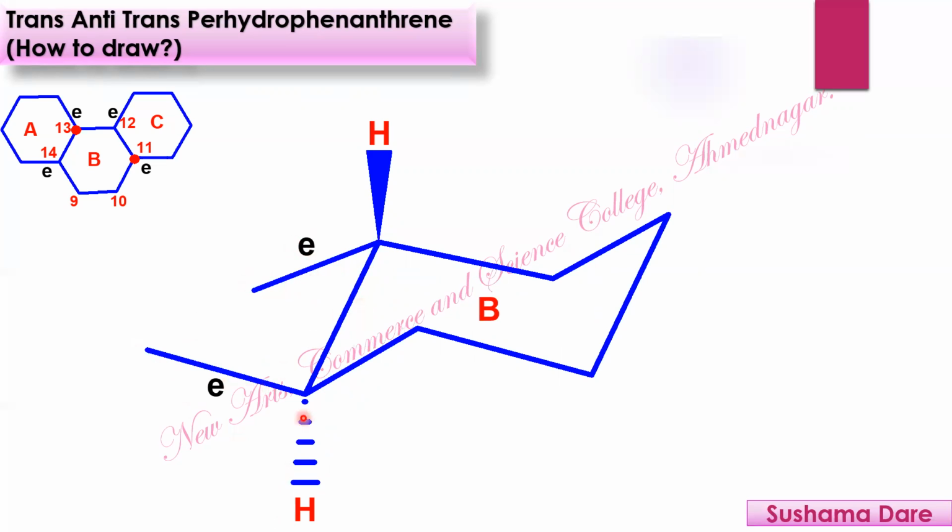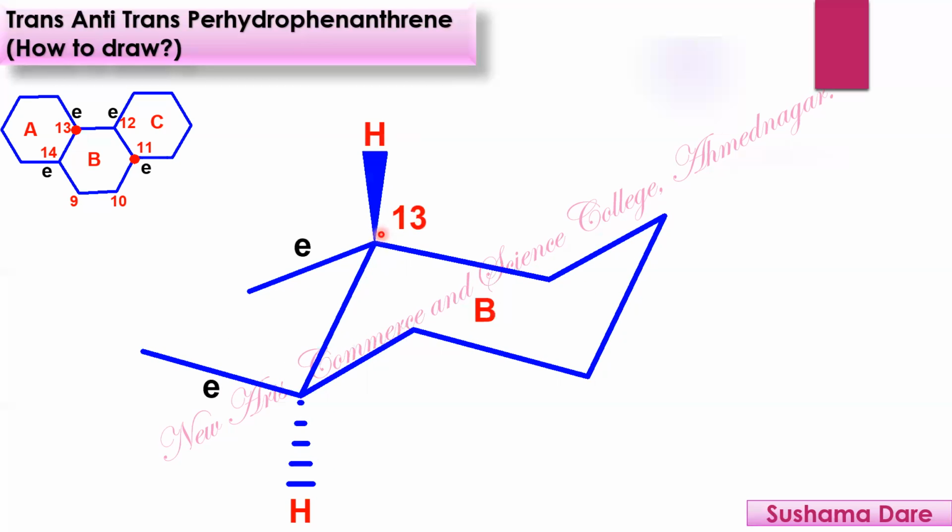These 3 bonds that you have already drawn, now the question arises, which one is number 13 carbon and which one is number 14 carbon? So which is the 13 carbon? 13 carbon is that carbon where you have a beta hydrogen and the equatorial bond. So beta hydrogen is present here and the equatorial bond is present here. So this carbon is number 13 carbon.